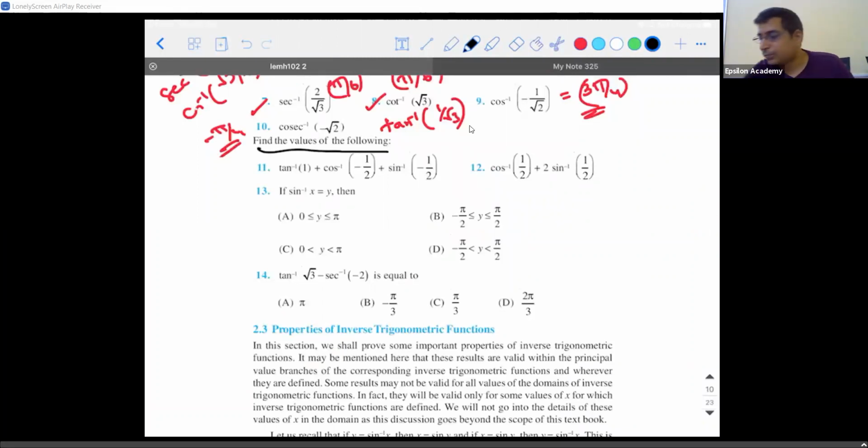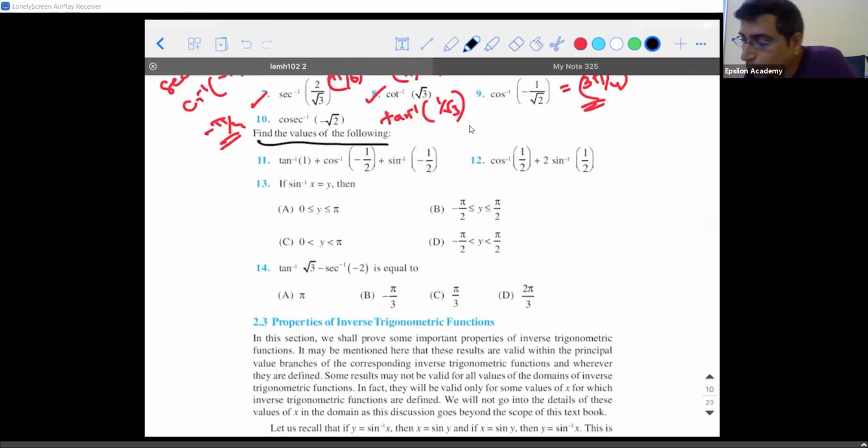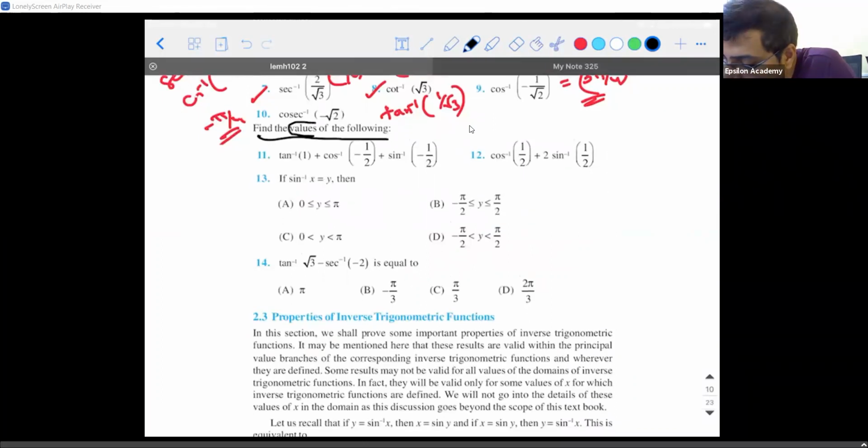Now, when this kind of question comes in inverse trigonometry, find the values of something, your work is to eliminate the inverse function and get the value.